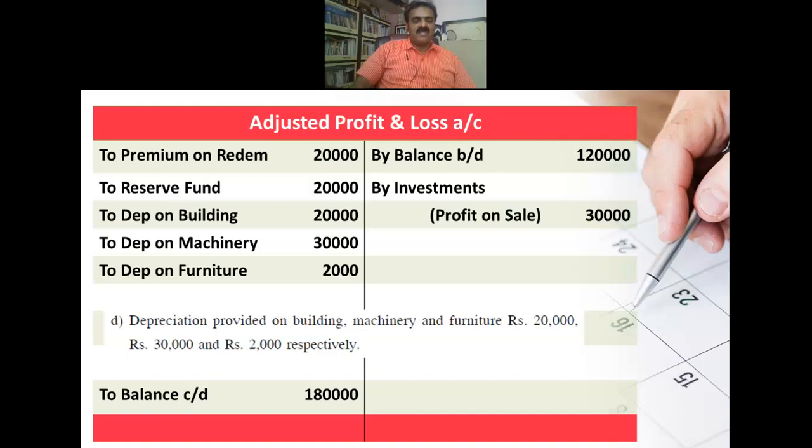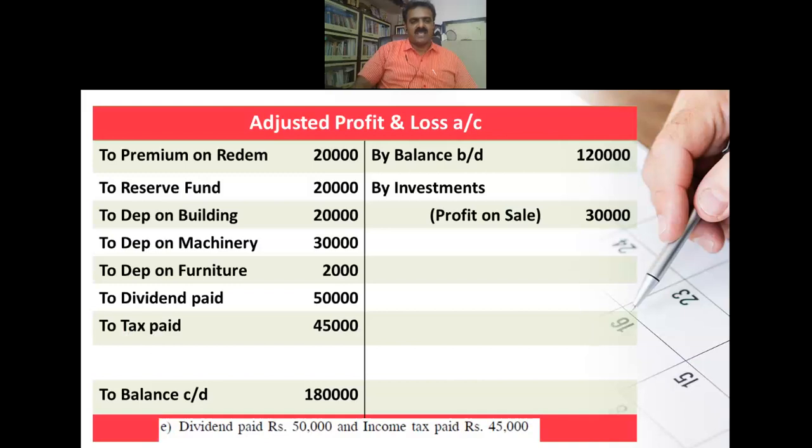And the fourth adjustment is the depreciation on building, machinery and furniture. So all the three items are taken into consideration. And the last adjustment is dividend paid of 50,000 and income tax paid of 45,000. So those two items are also taken.